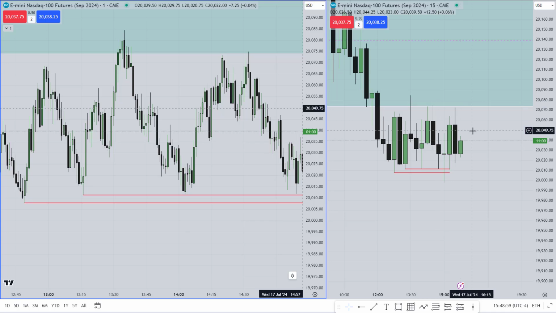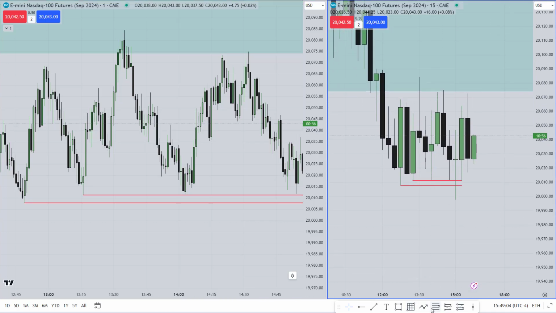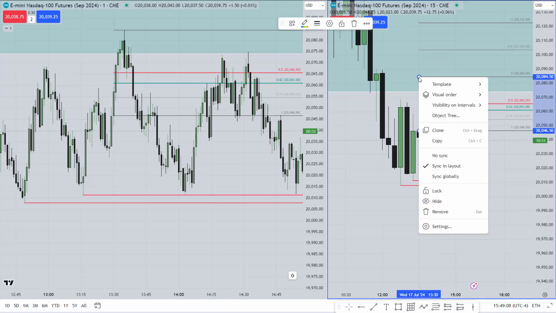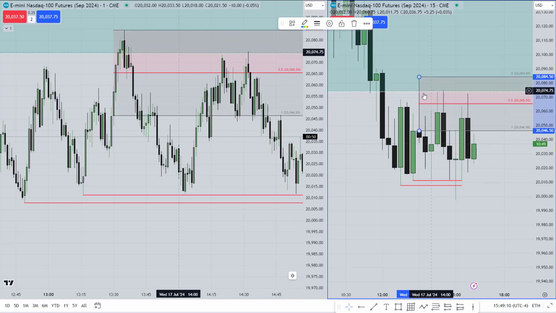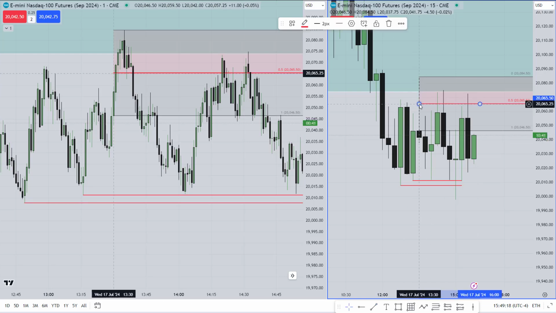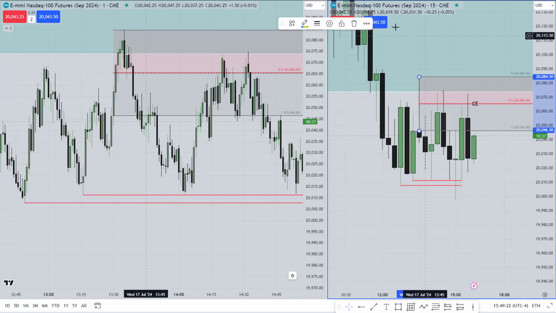Instead of that, it kept going higher. When it was going higher, I was actually in the stream. I told that to wait until market reaches this week 50%. If market can go until the week 50%, start to look for sell from there. So I would love to mark that 50% from that specific week from the 15-minute chart. Okay, so you can see this is the CE of that 50%.